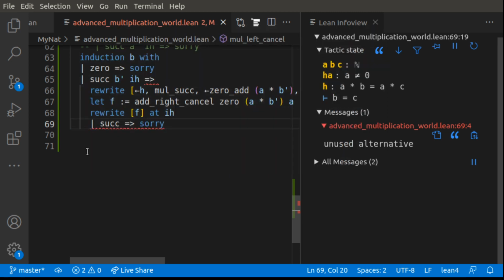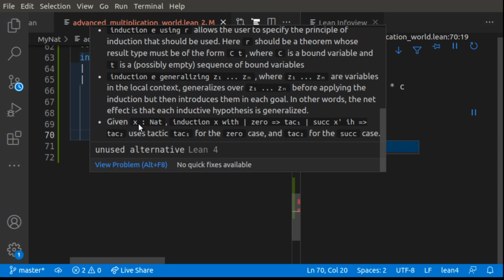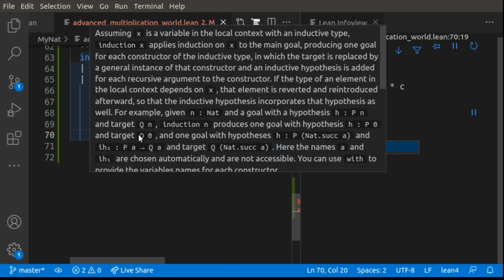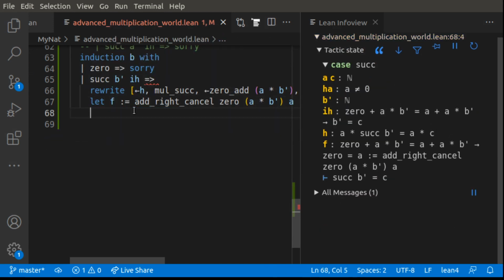I'll use alternative. 0, sorry. I use alternative. Okay, what can we do here? Okay, so if 0 plus a plus b equals a plus a plus b, that implies b prime equals c.